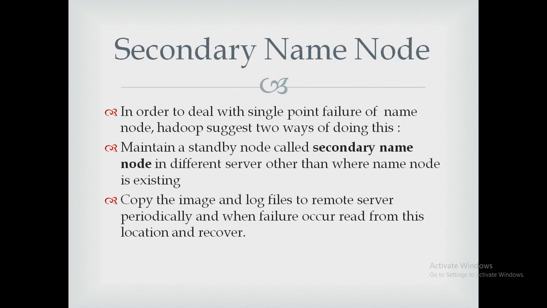The secondary name node is stored on another server. It is not stored on the same server where the name node is stored. It is stored on the other server, so that if the server fails and the name node fails, then we can recover the data from the secondary name node. It will copy the images and the log files to the other server where the secondary name node is present, and when the failure occurs, we can read the data from this location and recover the data.